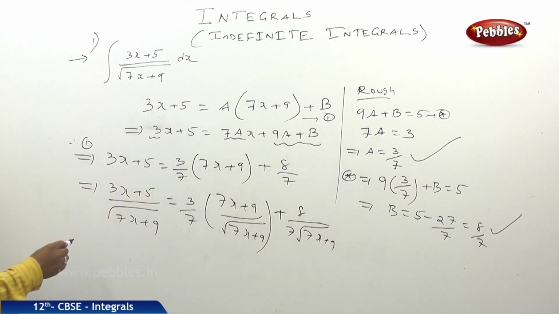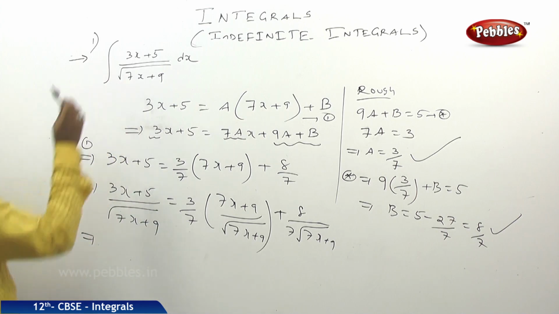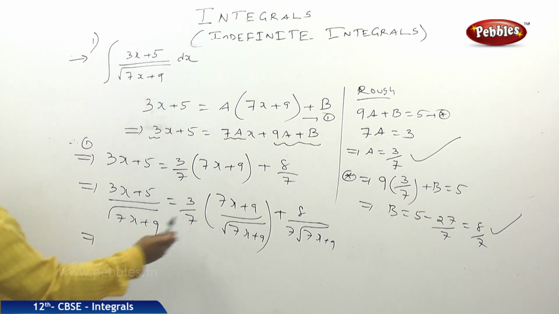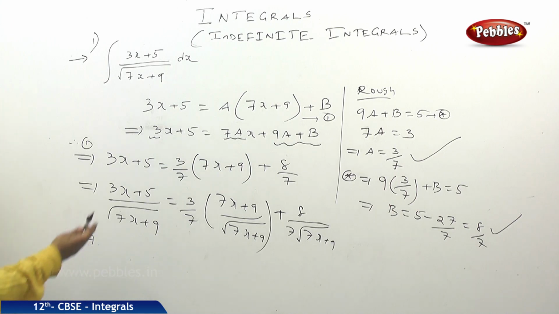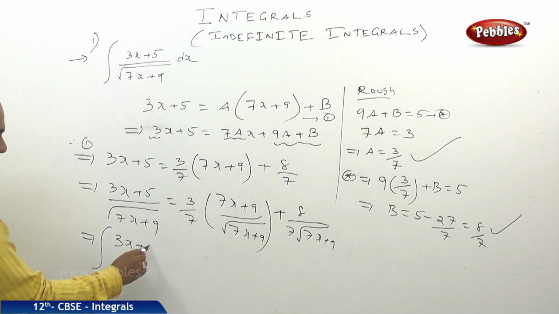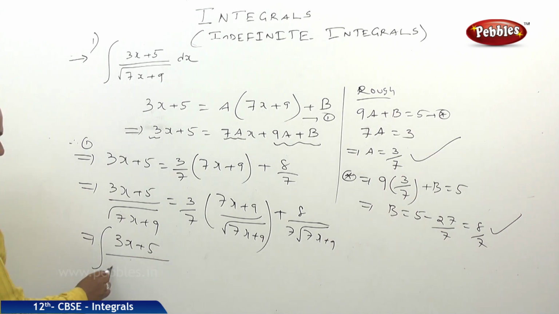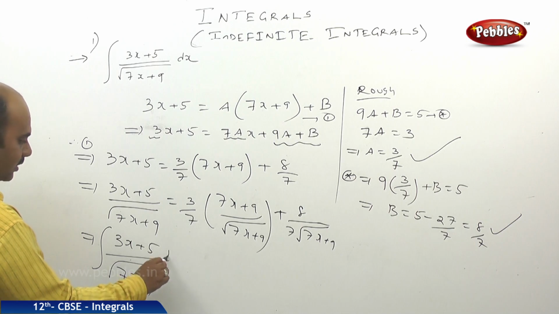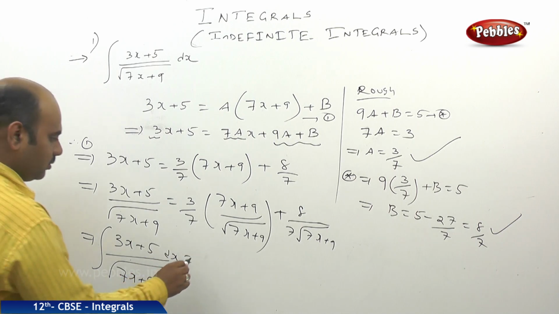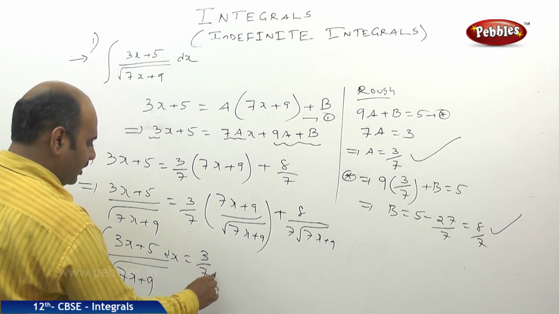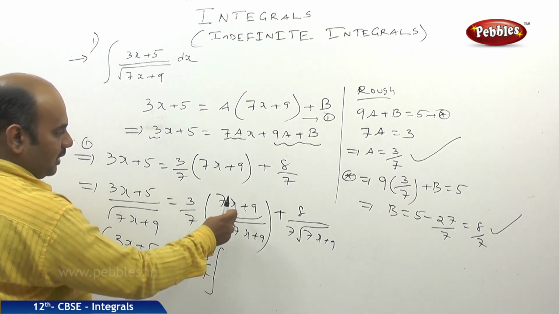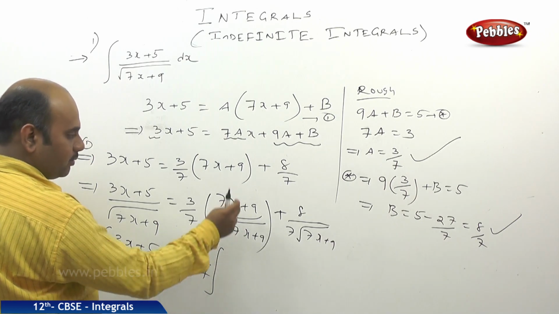And later, if I apply integration to this equation, I think the RHS will be the net result to the given problem. So the integral of 3x plus 5 divided by under root of 7x plus 9 dx is equal to 3 by 7 into integral of, I think it is looking like a by root a.